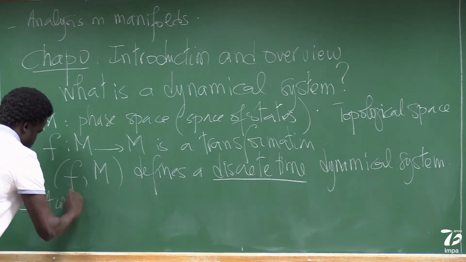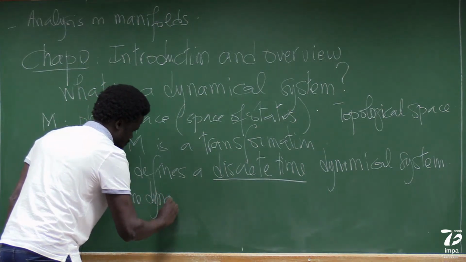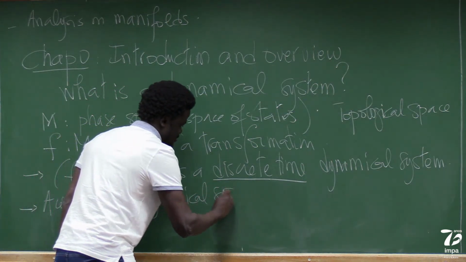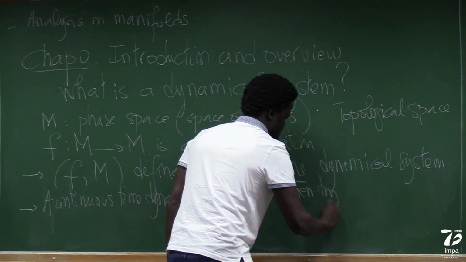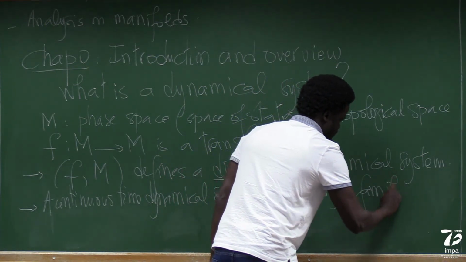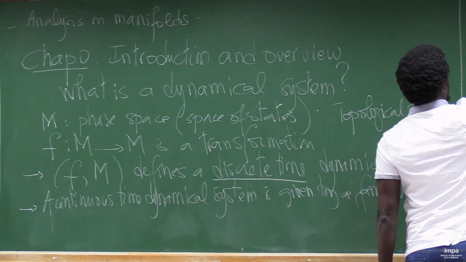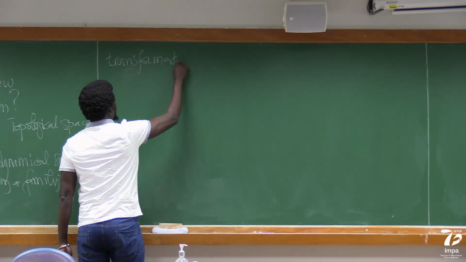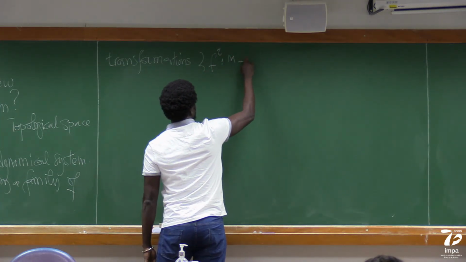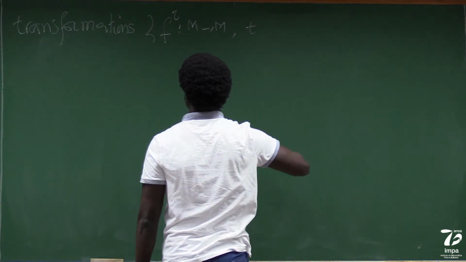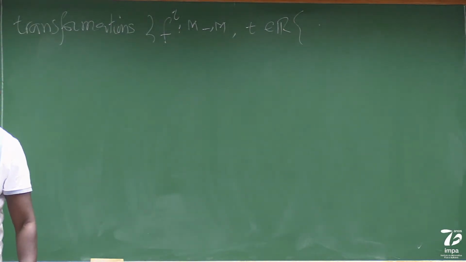A continuous time dynamical system is given by a family of transformations F_t from M to M, where t is in R. We will see examples in a bit.